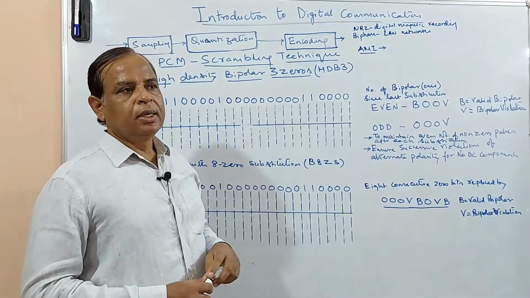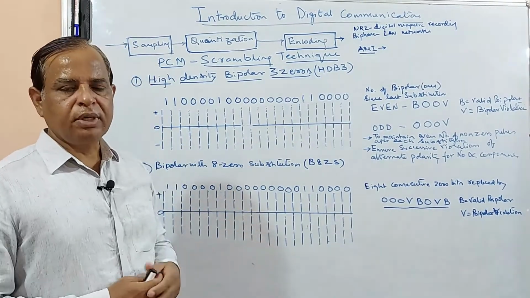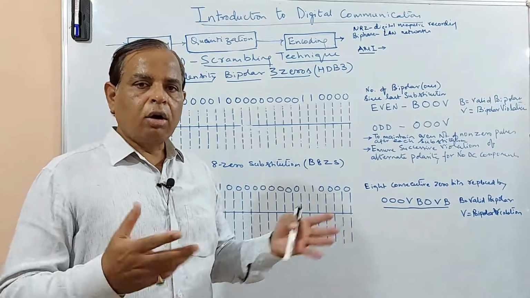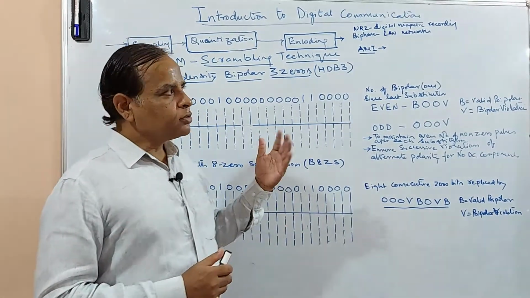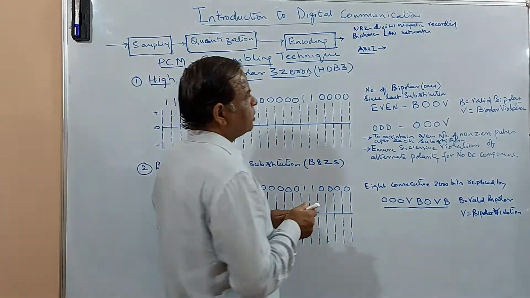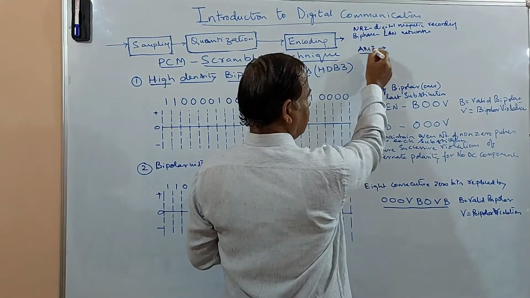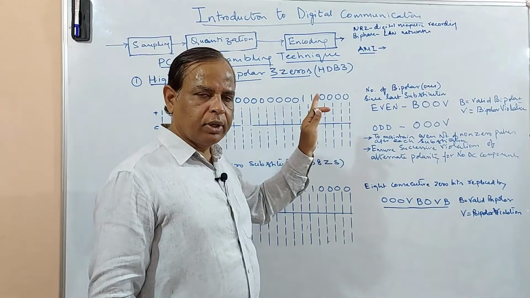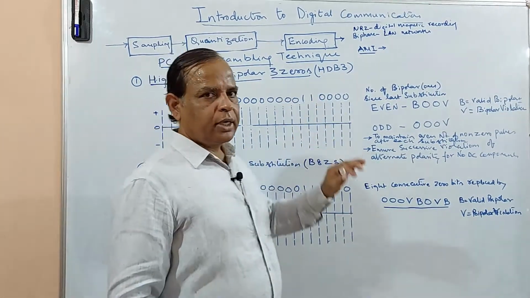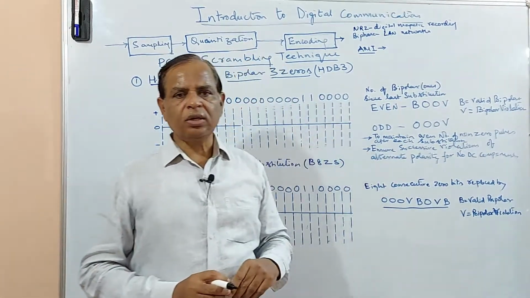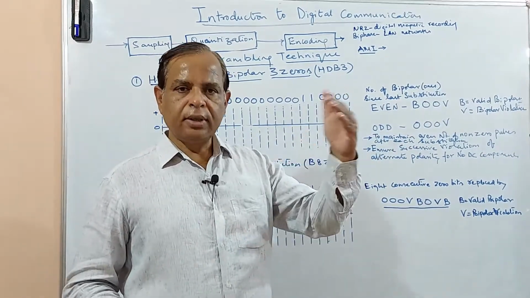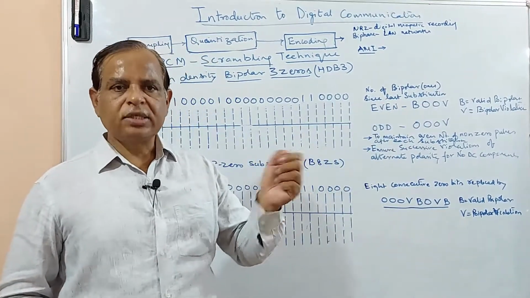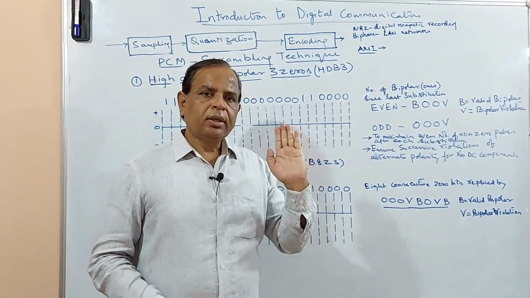So there should be some method for long distance communication. We have seen another very important scheme, alternate mark inversion. In this technique, three levels are used: positive, negative, and zero.